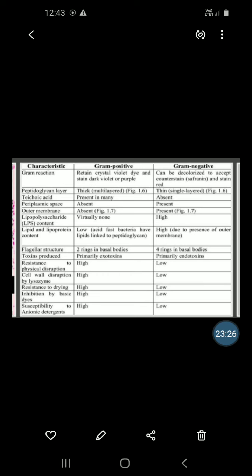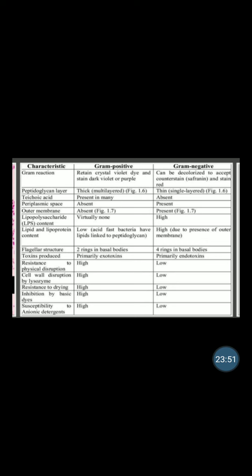Then lipid and lipoprotein content is low in gram-positive, and it is high in gram-negative due to the presence of outer membrane. Then lipopolysaccharide, that is LPS, is virtually none in gram-positive, and in gram-negative it is high.